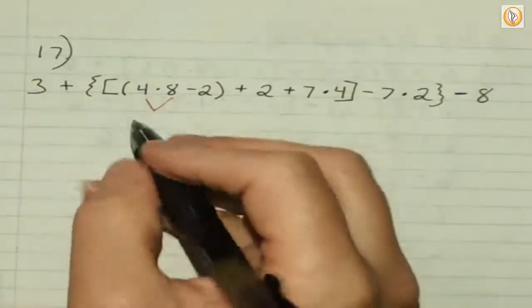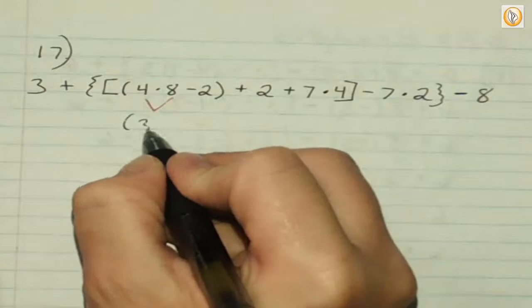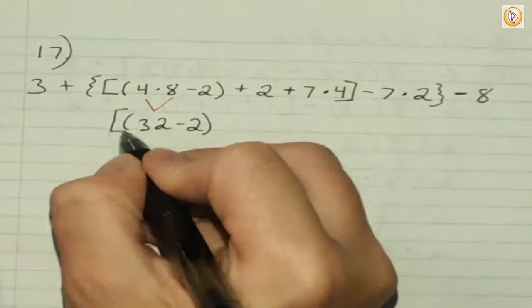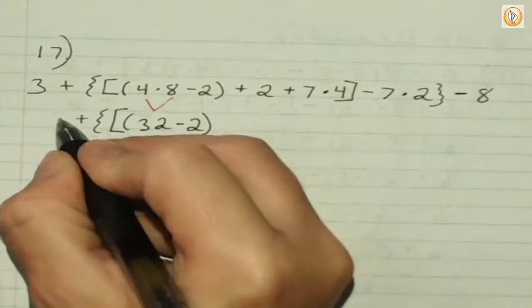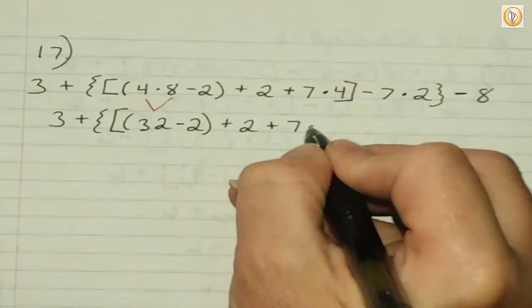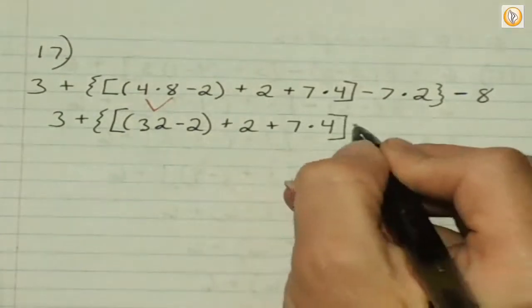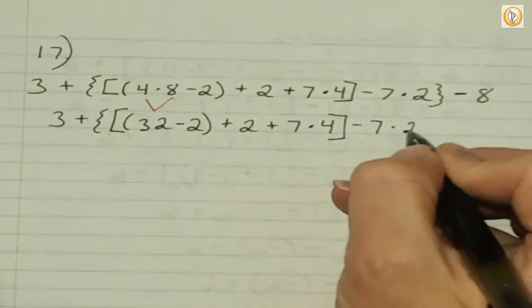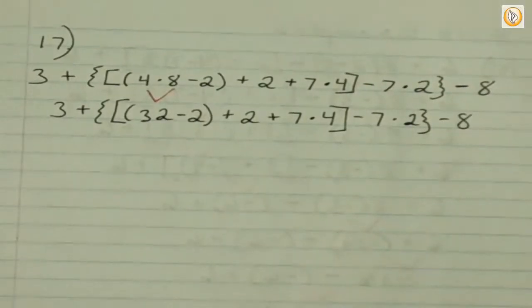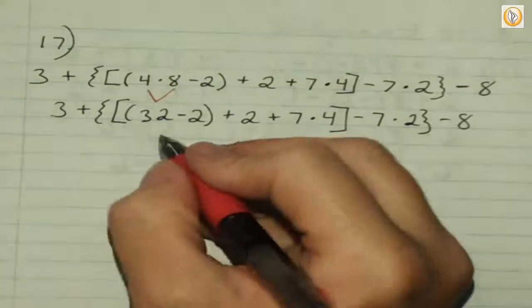All right, and I'm rewriting my problem. 32 minus 2. Make sure you write it carefully. All right, now what do I do? 32 minus 2.